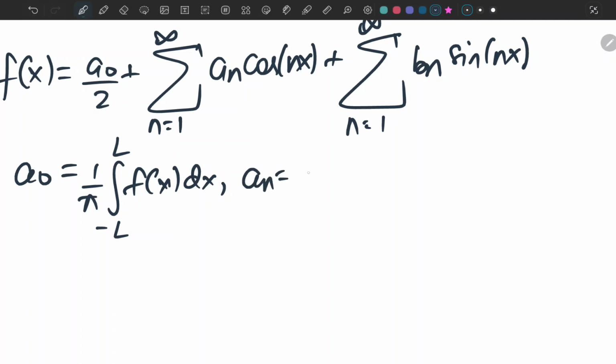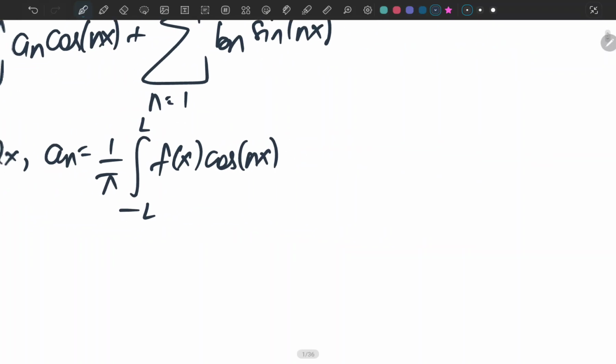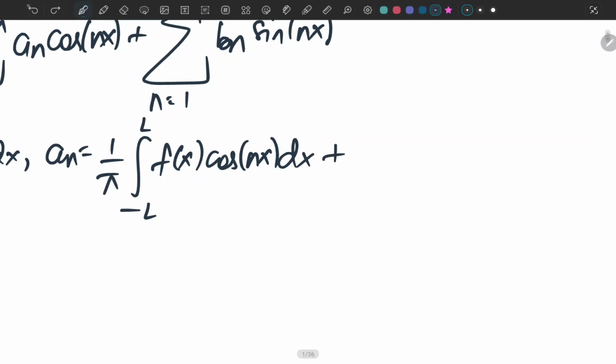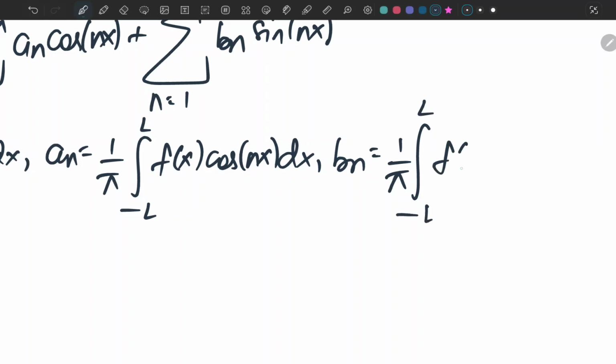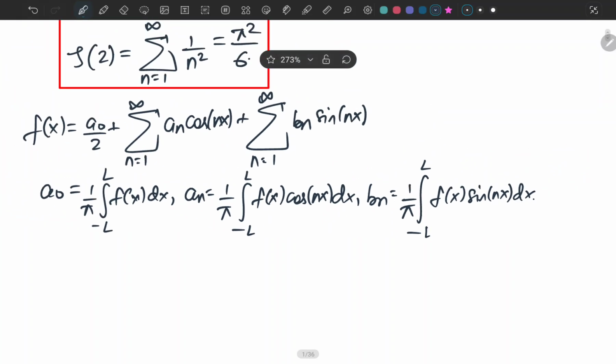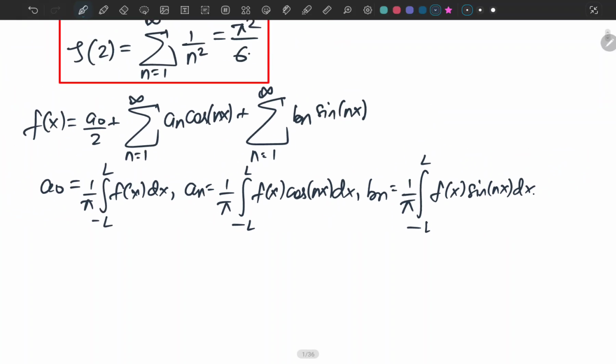A sub n is 1 over pi integral from negative L to L of f of x times cosine of nx dx. And finally b sub n is 1 over pi integral from negative L to L of f of x sine of nx dx. And if you guys are in class 12, please ignore it.